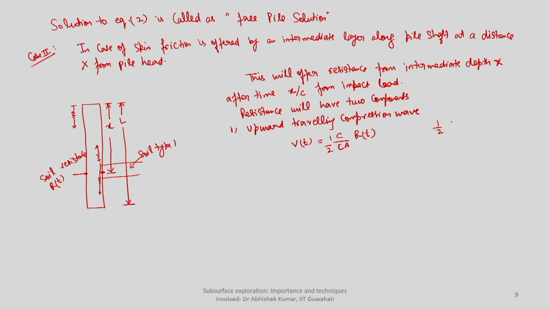Half will be, because half will travel upward while the other half will travel downward.